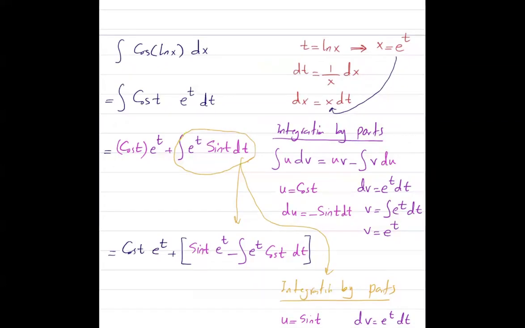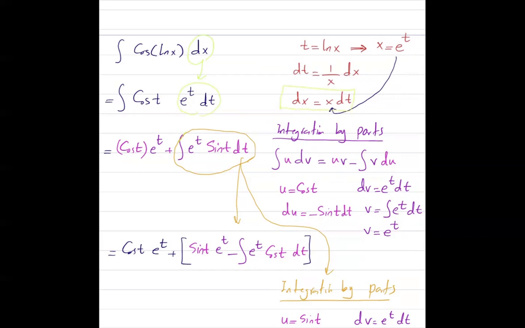We made some adjustments to make it a little bit nicer. We took t to be ln of x, and x is e to power t. So when you're taking the derivative of t, it is 1 over x dx, or dx is x dt, or dx is e to power t dt. That's how you end up with e to power t dt because of this.